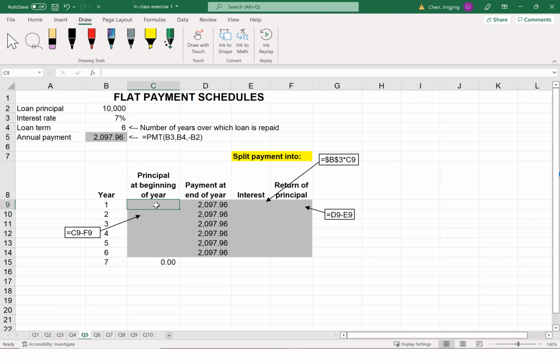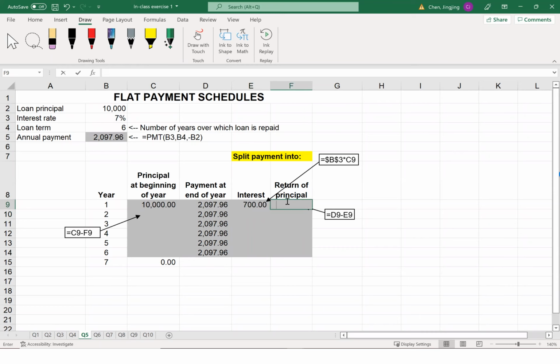Now at the beginning of the year, the principal should be just the $10,000. And the interest here should be cell B3. Again, we want to fix B3 because the interest rate is the same for all those following years, times the principal. Enter.